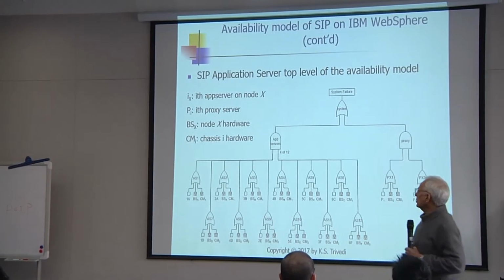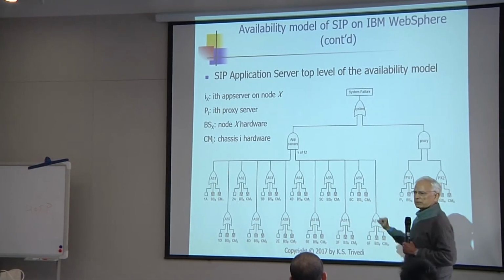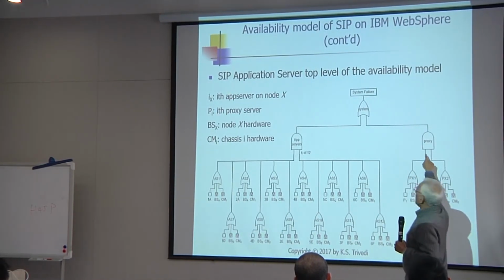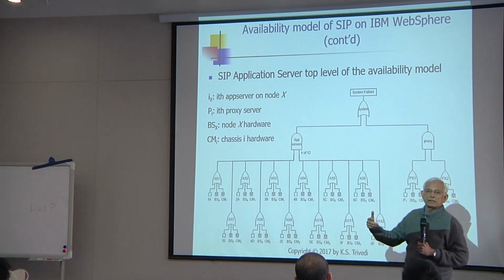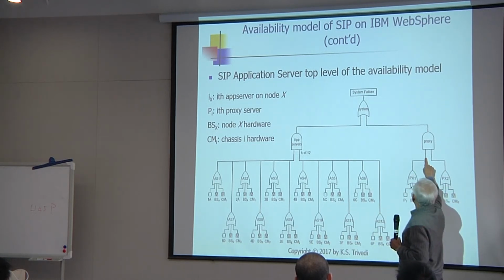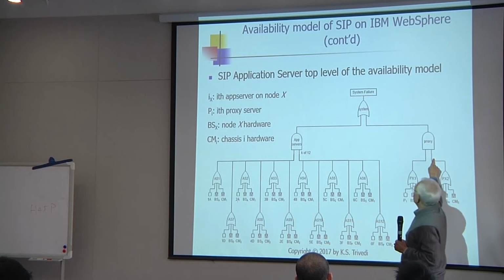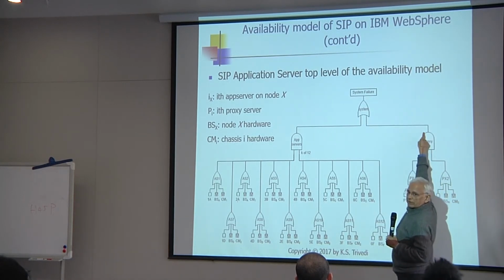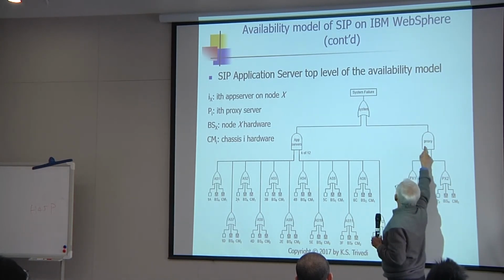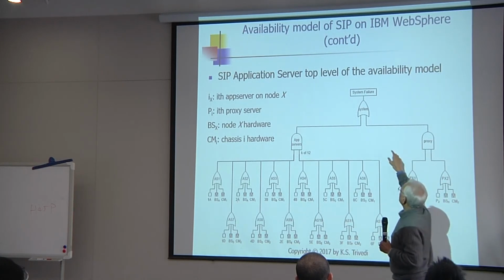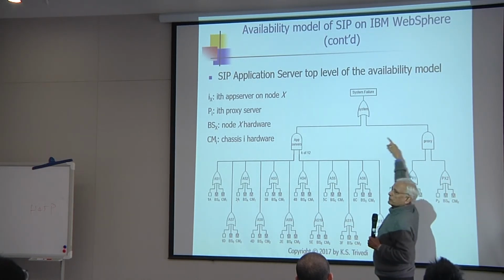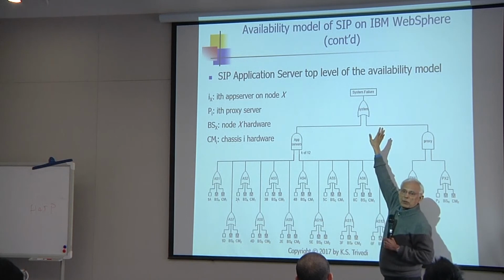Let's look at the proxy part. These are AND gates, remember this is a fault tree. If both of these are not working, then the answer is 1, and that means the proxy subsystem is not working, and that's an OR gate. If the proxy subsystem is not working, the system is down.